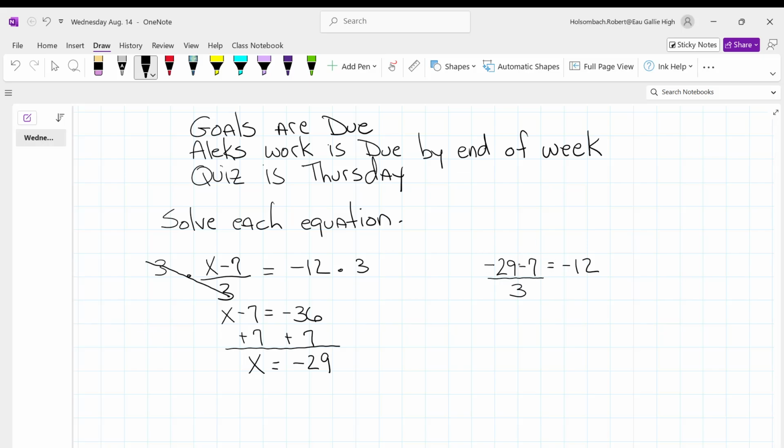And we complete this numerator. Negative 29 minus 7 is negative 36 over 3 equal to negative 12. And negative 36 divided by 3 equals negative 12. So this solution works, which means x equals negative 29 is correct.